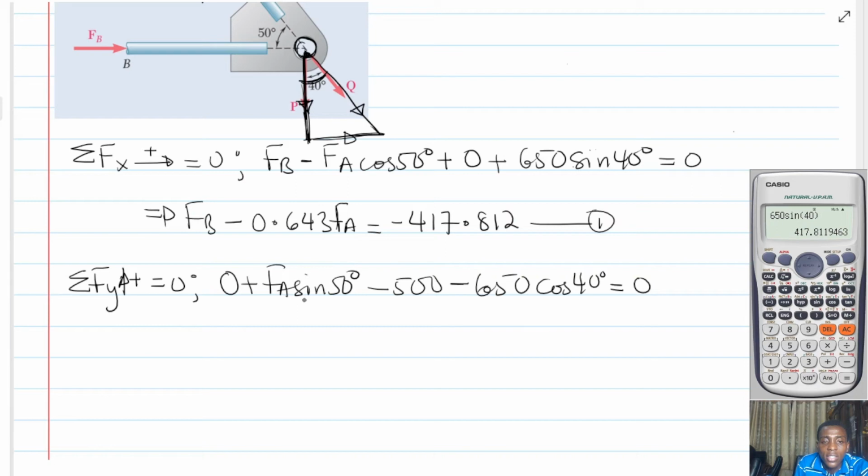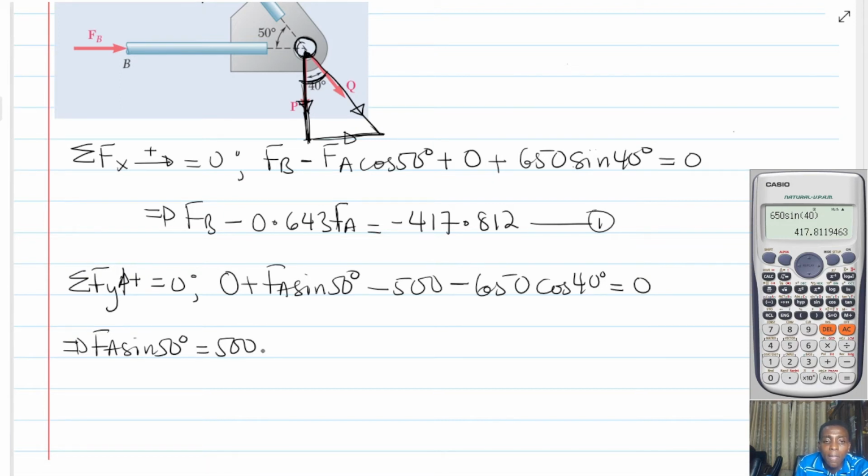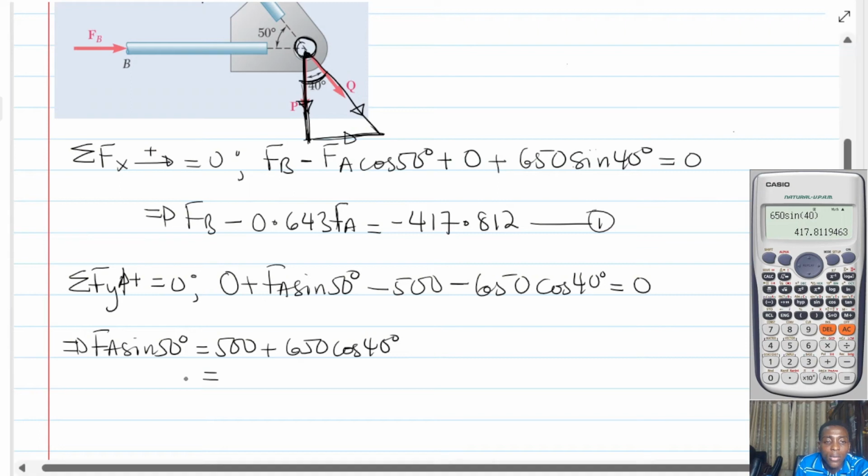So let's solve for FA. Solving for FA, I can say that FA sine 50 is equal to 500 plus 650 cosine 40.